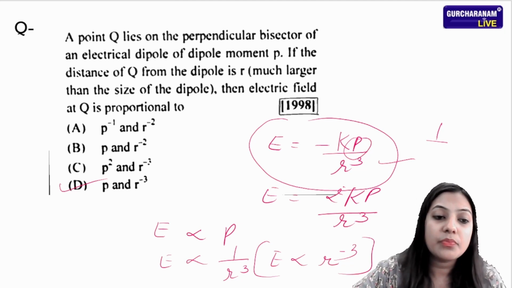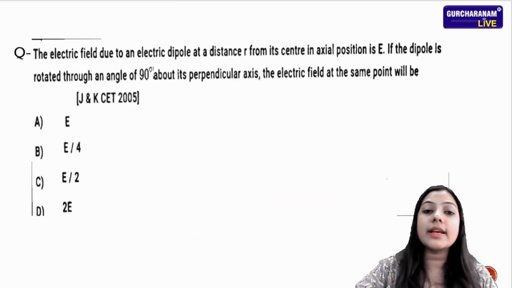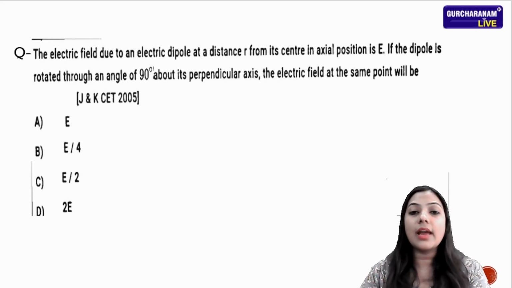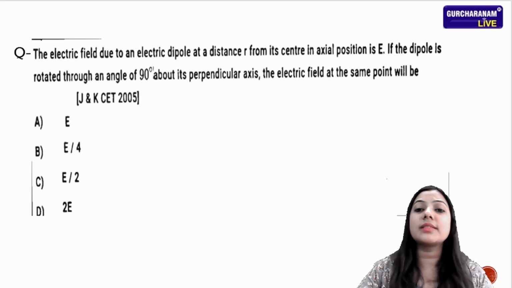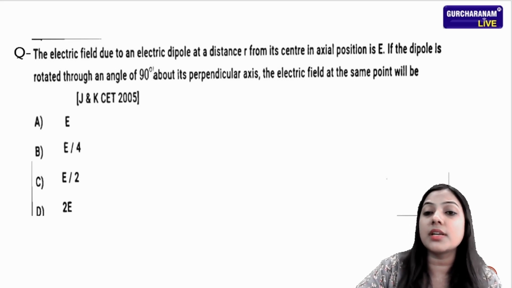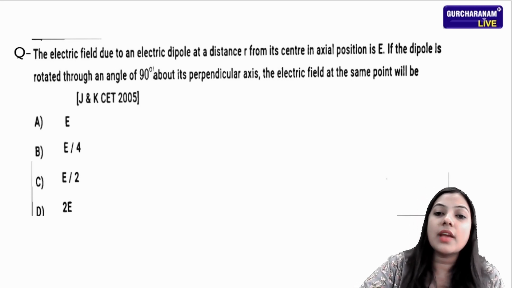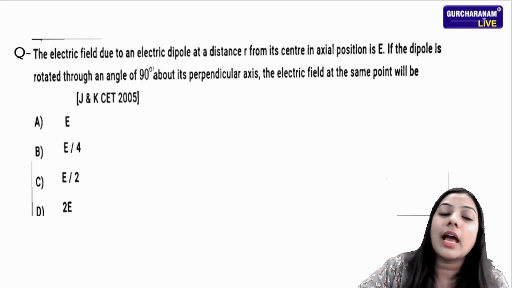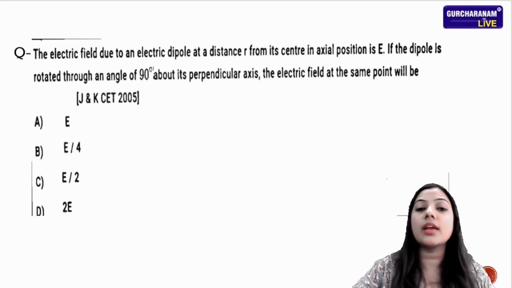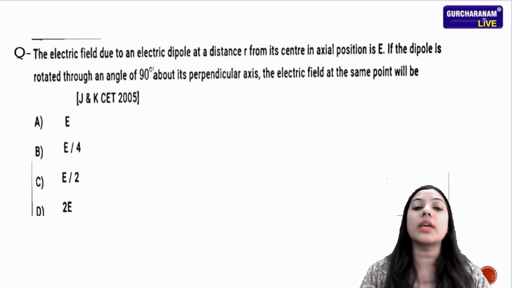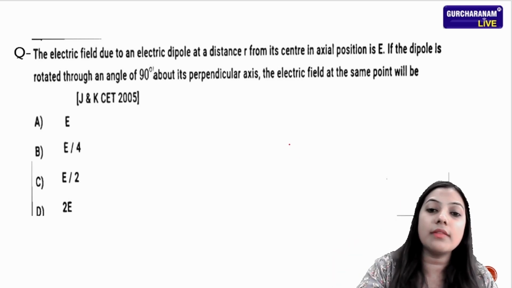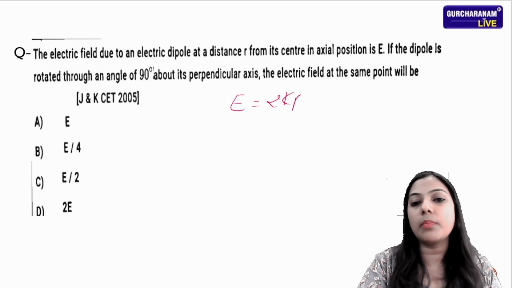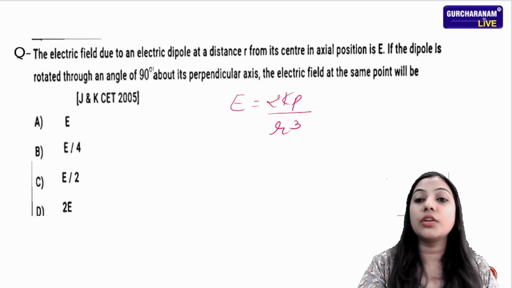Okay, students, our next question: the electric field due to a dipole at a distance r from its center in the axial position is E. We have to use the formula for the dipole on the axis, which is 2Kp upon r cube, so E equals 2Kp upon r cube.